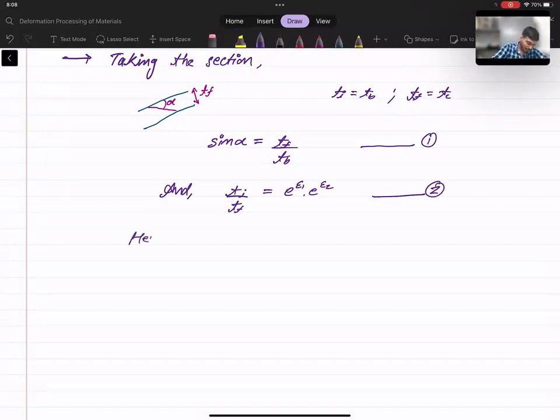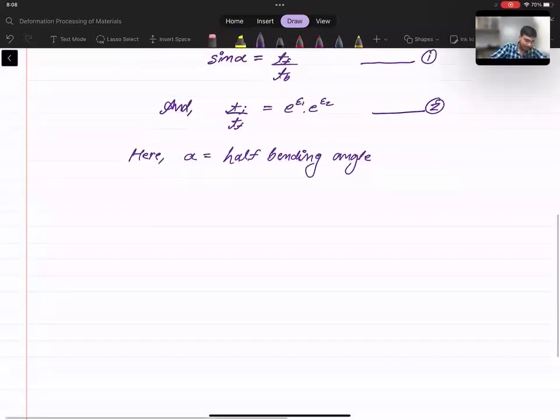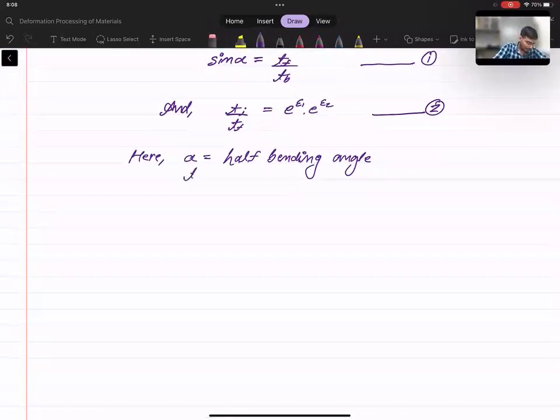So here alpha is the half bending angle, Ti or Tb are the initial thickness, and Tf or Tc are the final thickness.